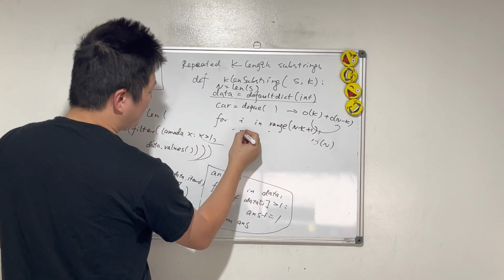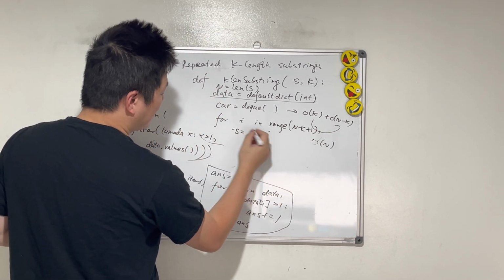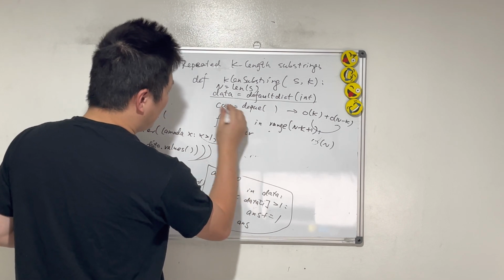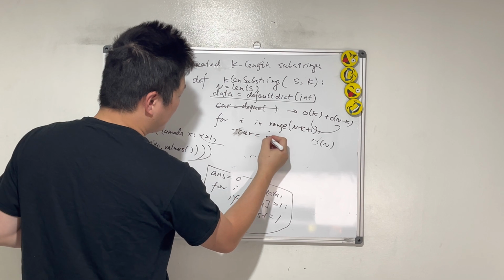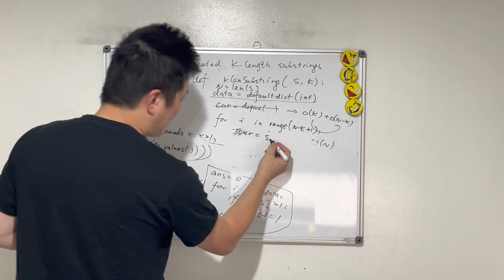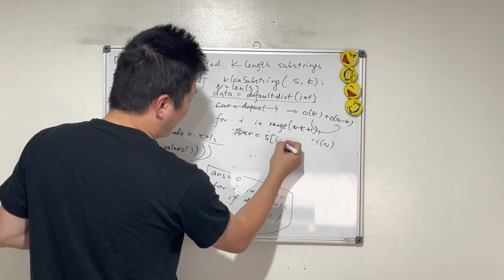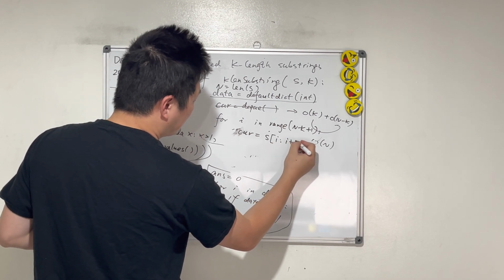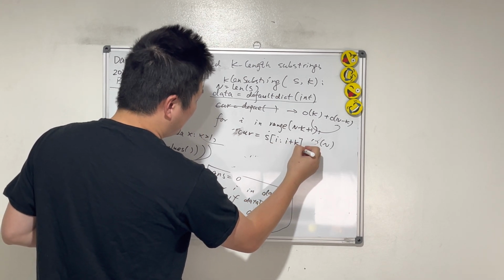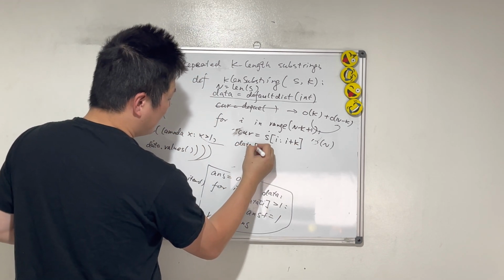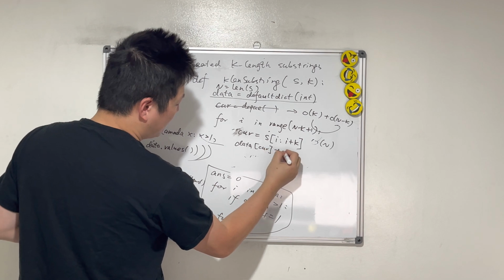And then look, the substring will be cur, so we don't need this. Cur equals S, the substring starting from i to i plus k, and then data current plus equals 1.